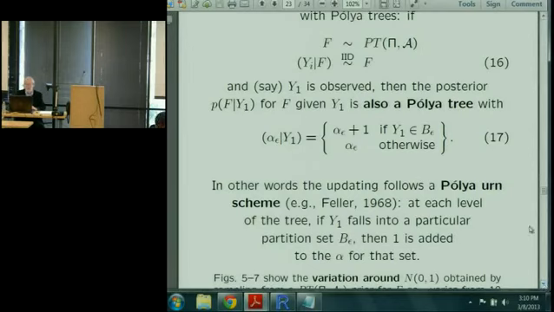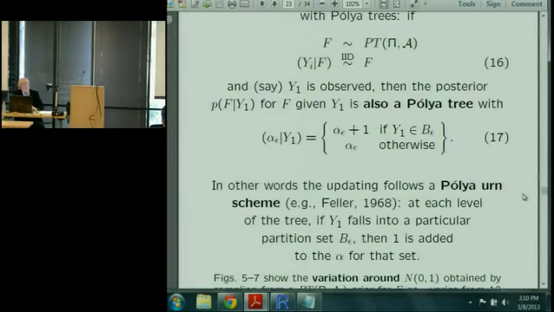And so now you know not only how to simulate from a Polya tree prior by coding up the thing I just showed you, but you also know how to simulate from a Polya tree posterior. You start with the prior and you do this Polya urn updating, and that gets you the Polya tree that's the posterior. So by the way, this proves that the Polya tree is another conjugate prior.